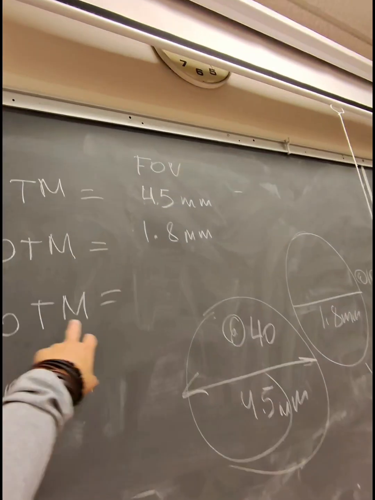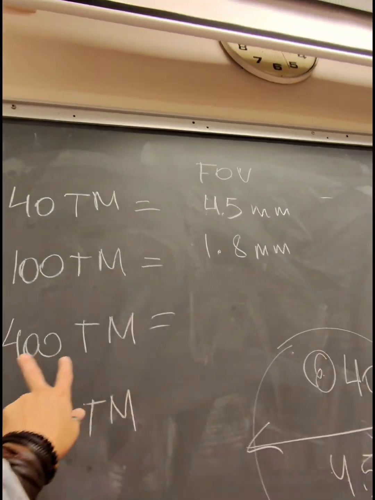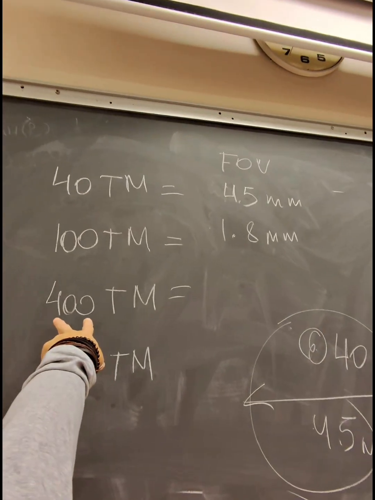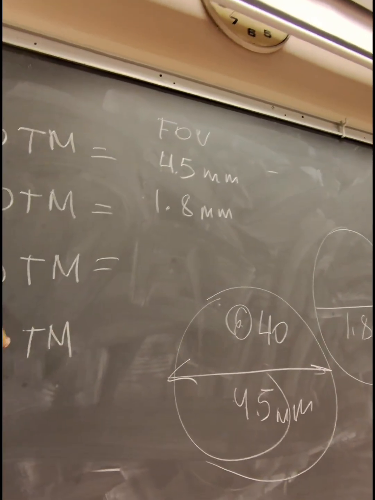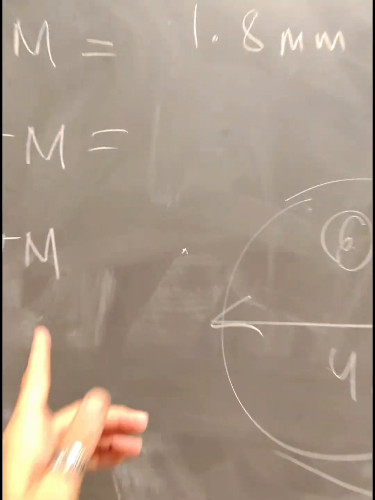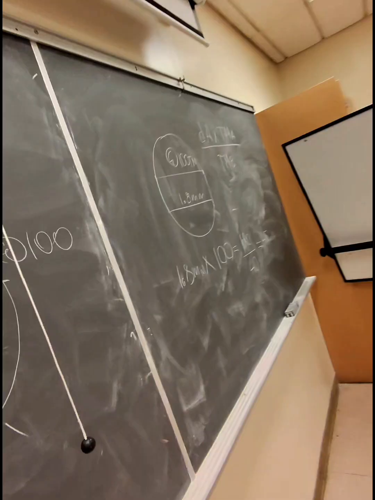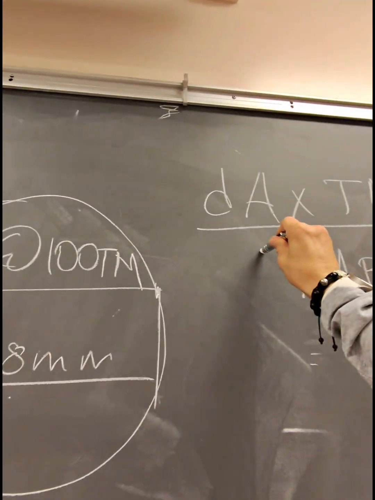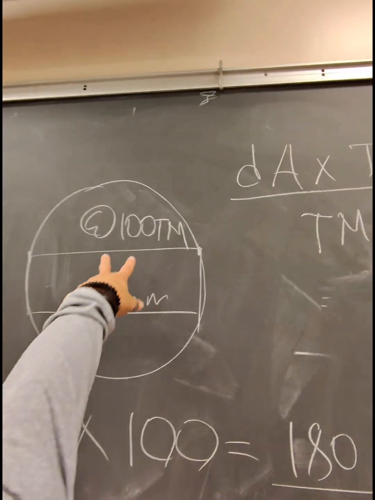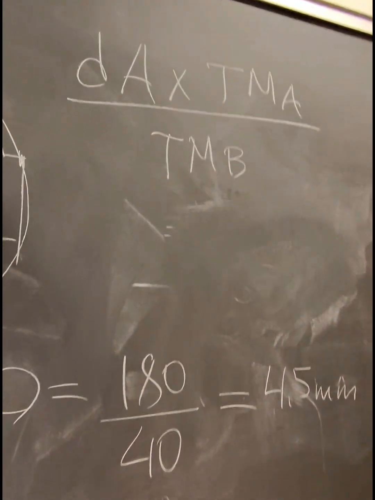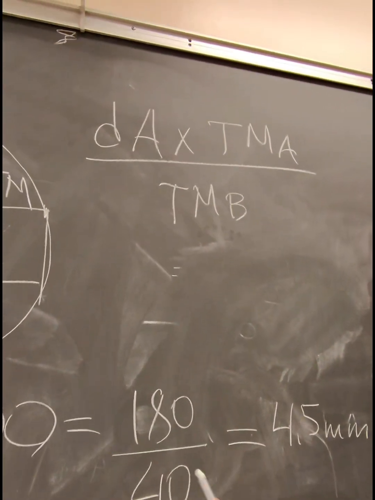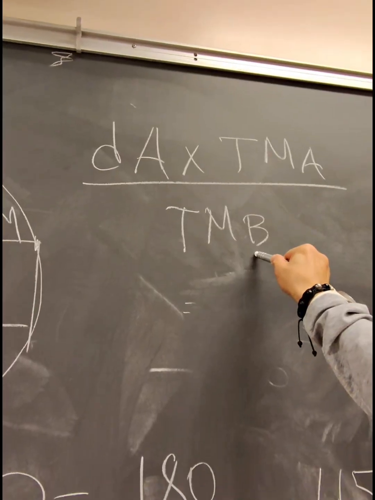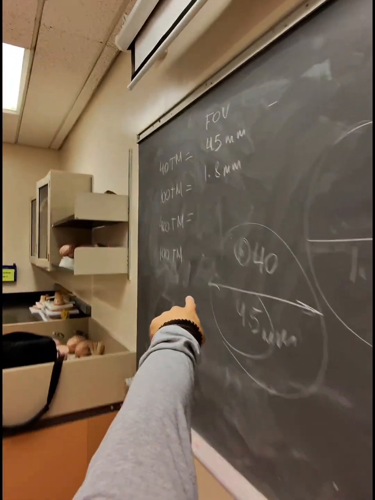So now let's find out what's the field of view for 400. Now you're going to use a high power lens, so you're going to come very close to your object. So your field of view is going to be very small. Just because we use this formula, and that formula was calibrated at 100 total magnification, we're going to use the same number, 180, and total magnification B is 400.